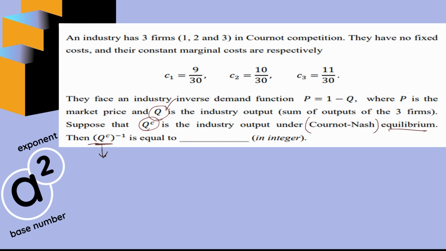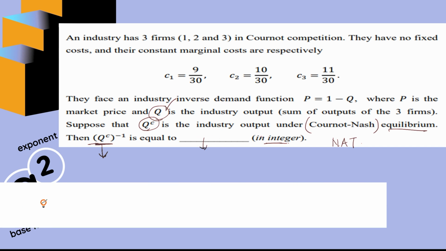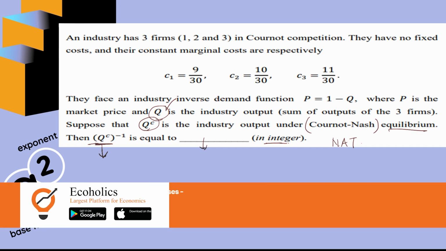Q is in general the industry output. Here QC is the Cournot-Nash equilibrium output. This is an NAT, so you are expected to give a numerical answer, an integer. So how to go about solving this?